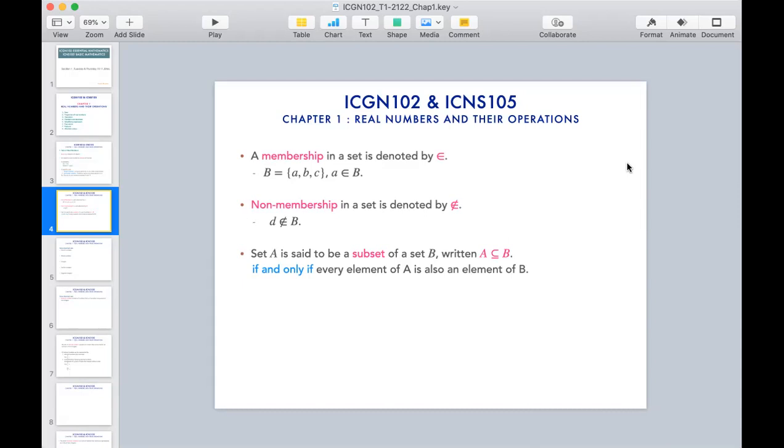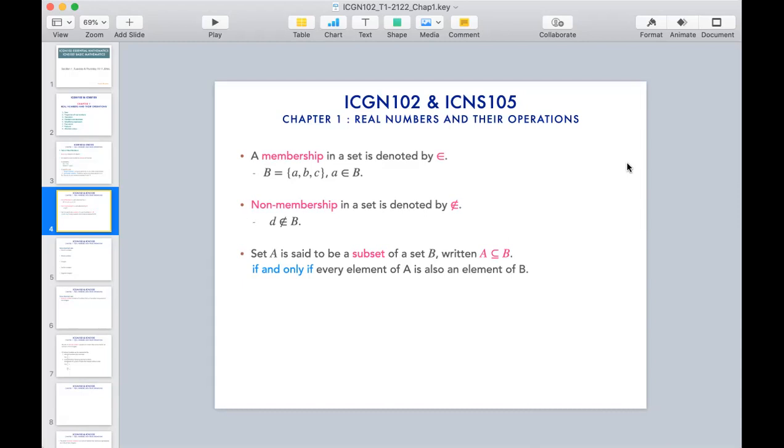On the other hand, when we talk about non-membership in a set, we use the epsilon with a cross through it like this. We call it non-membership.